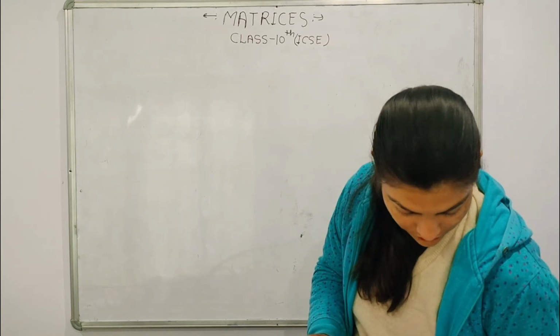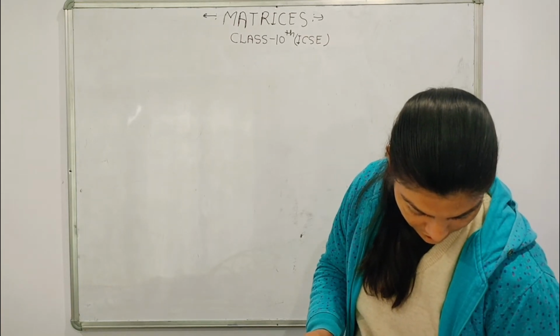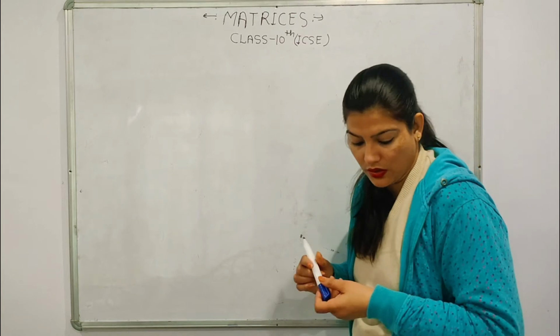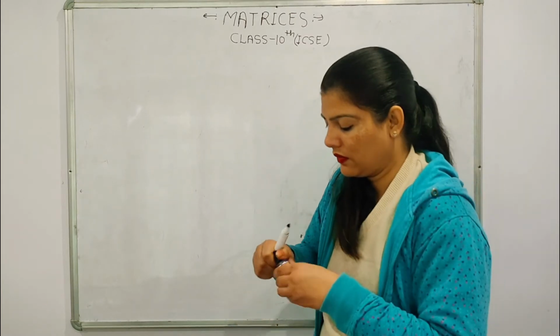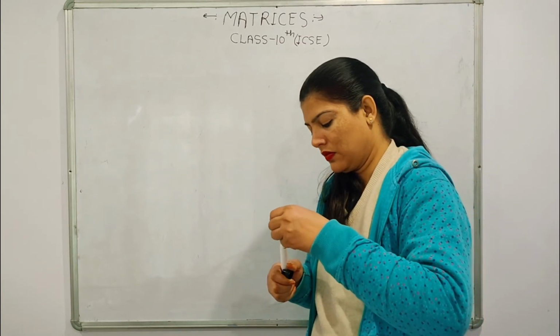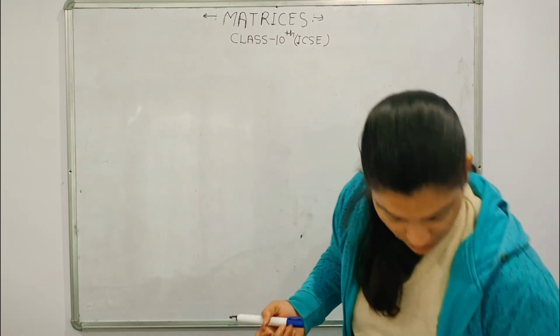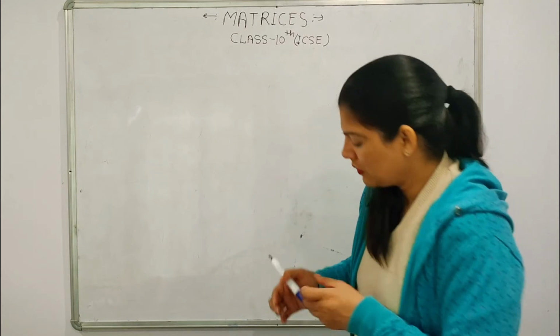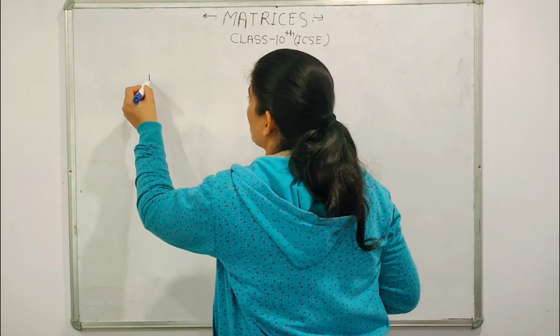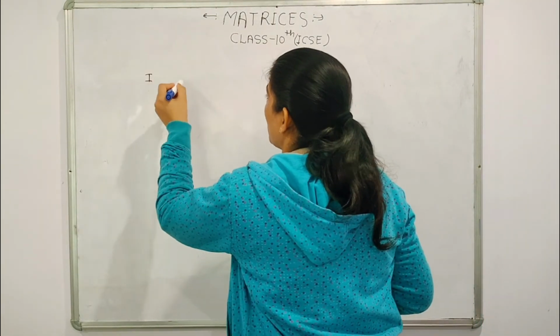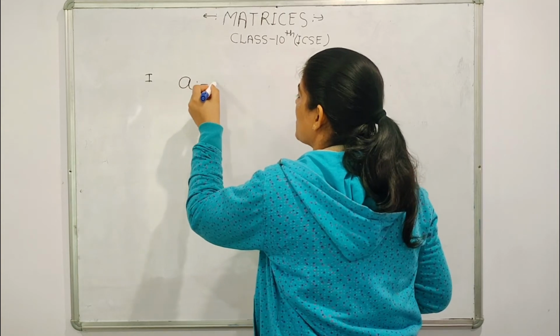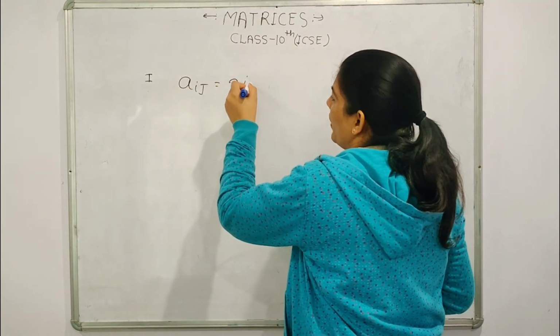So in the first question, suppose they gave us Aij is equal to 2i minus j.